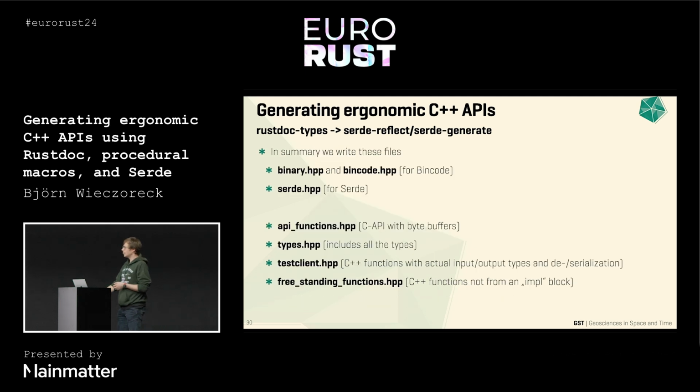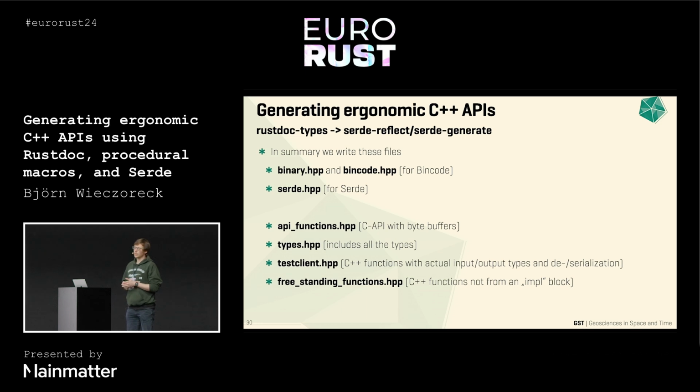And at the end of the day, we create a couple of files. So the first few ones, they're all related to bincode and Serde. They're automatically created, as I've shown you. The bottom four are more interesting. So one, the C API is stored in a file called API functions. This is the C API that I've shown you where everything is a byte buffer. Then any custom types that we have that are not primitive or string, they're stored in a types file.